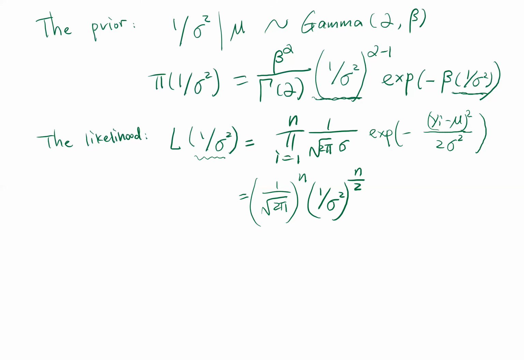And lastly, we express what is in the exponent. Remember we're doing a product, so inside the exponent is going to be the sum: 1 over sigma squared, with parentheses around it to make sure we know this is the unknown parameter, times the sum over i from 1 to n of (yi minus mu) squared.